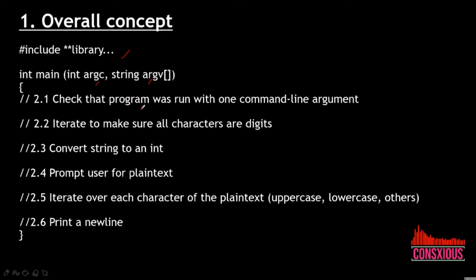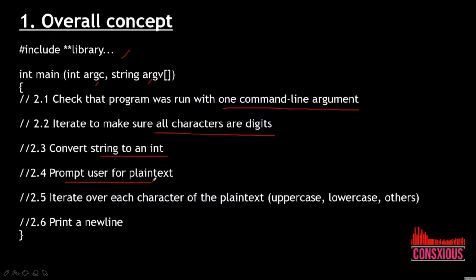Then in 2.1, we have to check whether the program is run with one command line argument. The second, we have to make sure that all characters are digits. The third, we have to convert the string to an integer. The fourth, we have to prompt the user for plaintext.